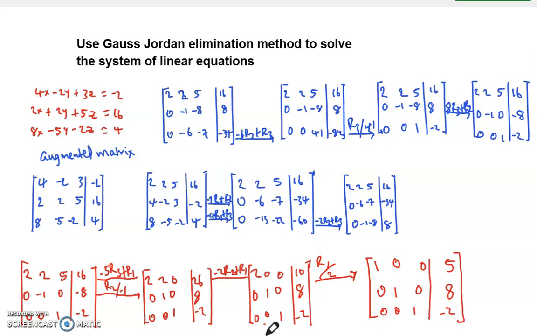Therefore, according to Gauss Jordan, it helps us to solve the values of x, y, and z. You don't need to write it again as a system of equations. You can see here, having found this unit matrix, this gives us the values of x, y, and z. So our value for x in this matrix is already given as 5.